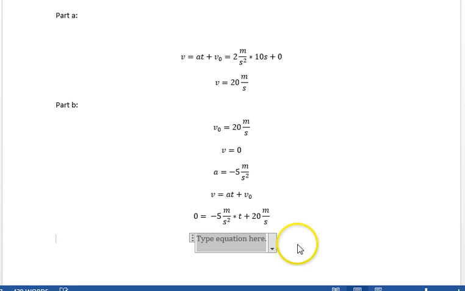So this means that the time is 20 meters per second divided by 5 meters per second squared, which equals 4 seconds. The time is 4 seconds.